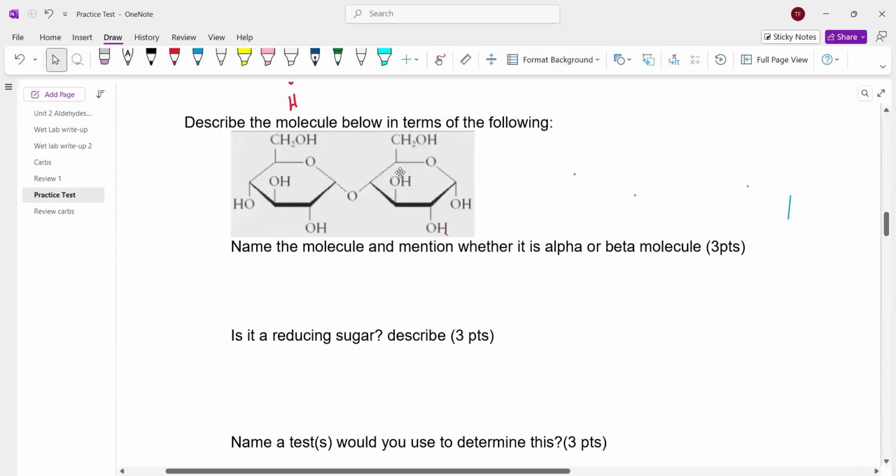Okay, name the molecule above. There's a number of disaccharides you need to know. This is one of them. This happens to be maltose, but there's maltose, lactose, and sucrose. Those are the three disaccharides you need to know.